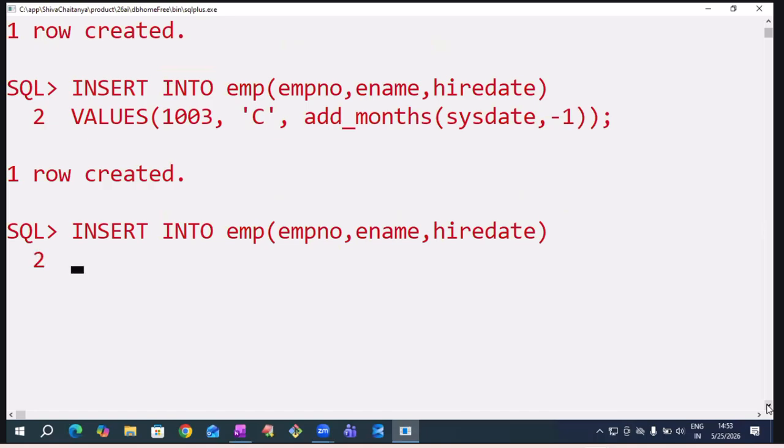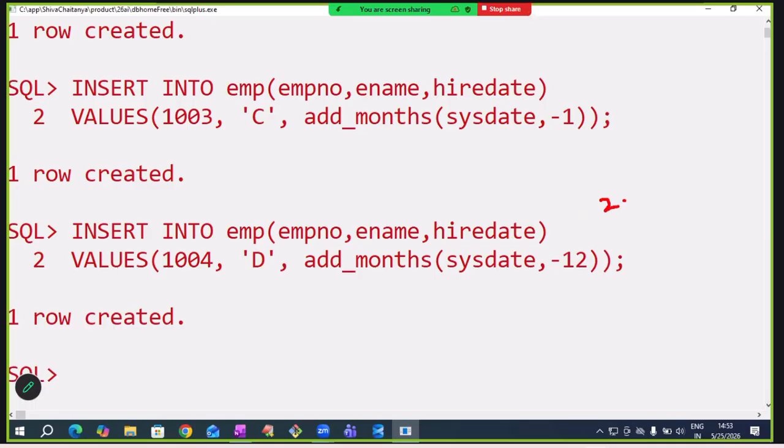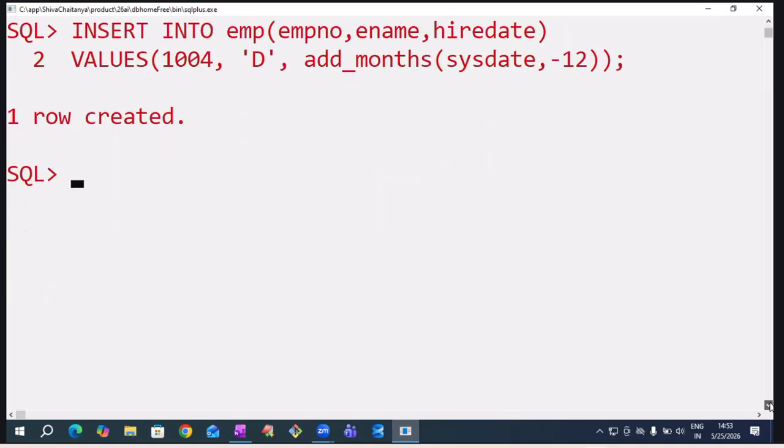Assume that this employee joined 1 year ago. 1004, D, add months of sys date comma minus 12. 1 year ago date. All these 4 records I inserted at the time 2:53. Okay, to save this, commit.